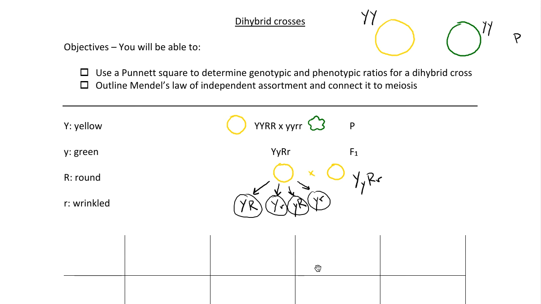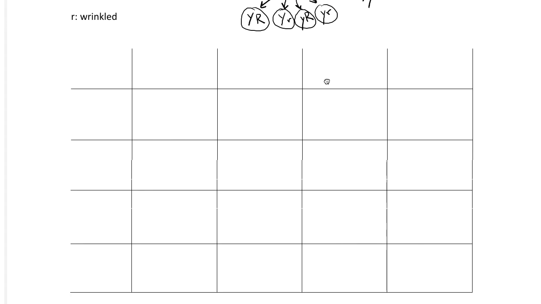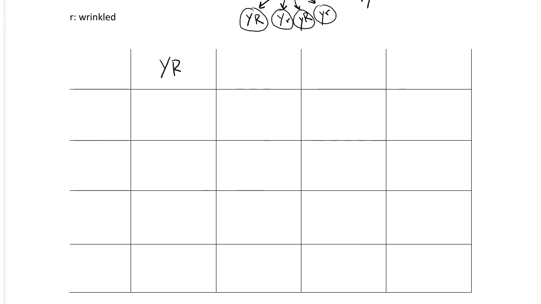So now we can put that into a Punnett square. I'll write them across the top here first, and they're going to be identical across the side because I'm crossing two plants from that F1 generation. Now we need a larger Punnett square here because we have more possible combinations, but we're going to approach it in exactly the same way.